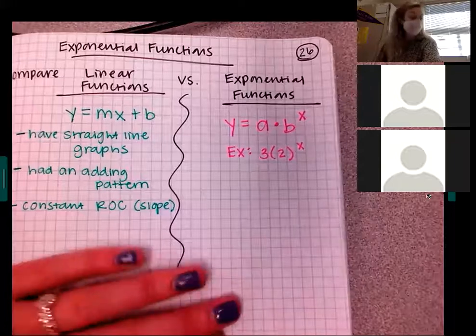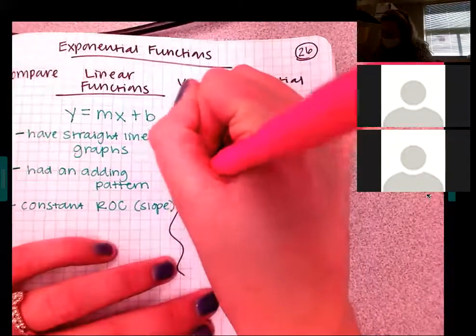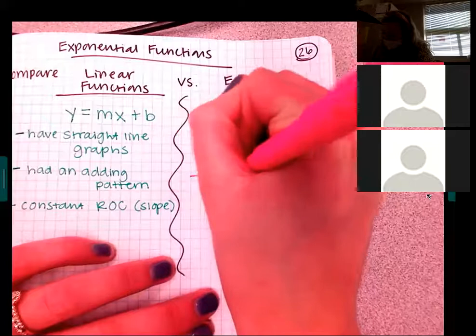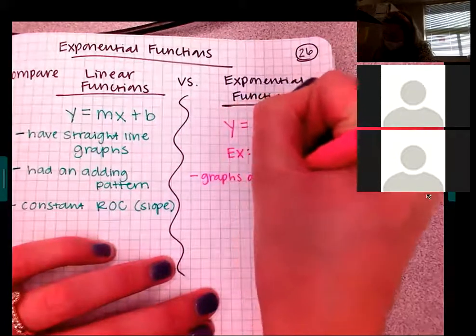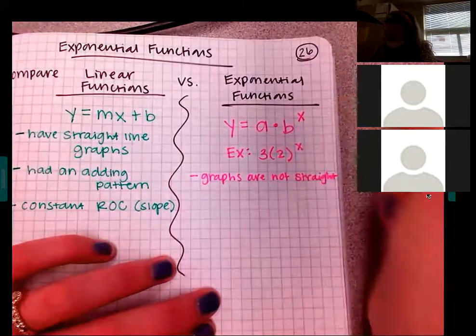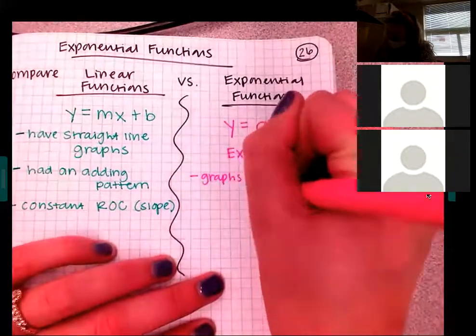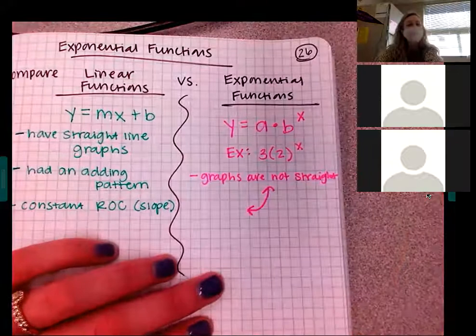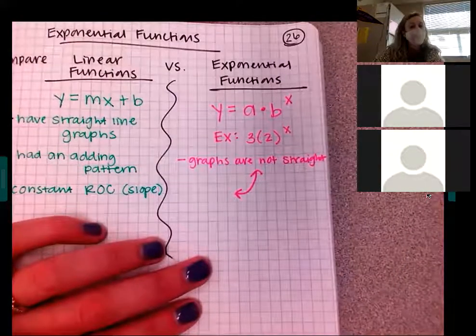The graphs, write this down, are not straight. They're going to look something like this. They kind of make a J shape. And we'll talk more about the graphs tomorrow.